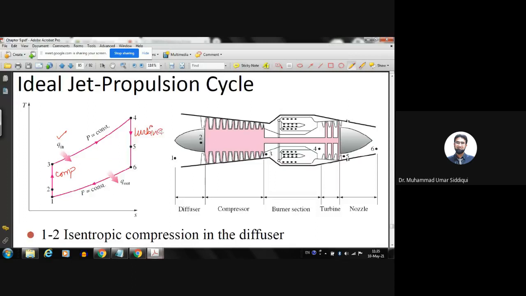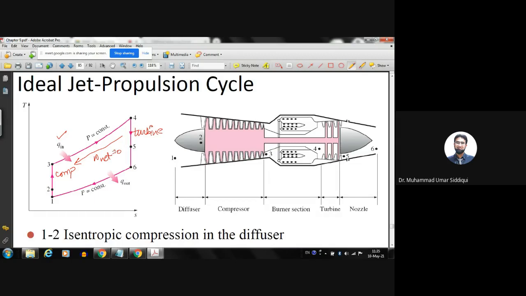But here the compressor and turbine are not intended to produce the work output. Rather, the turbine is designed such that it provides just enough work output to cover the needs of the compressor. So net work here is actually zero, because we don't need the net work in that format.